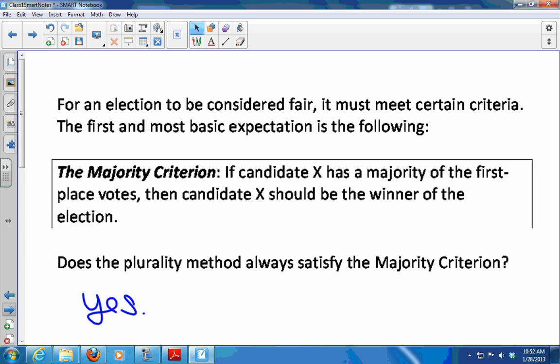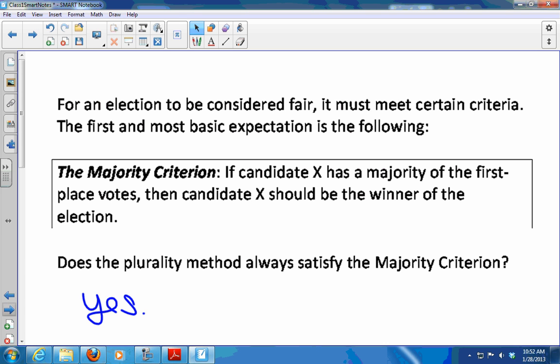Let's go through the 3 different scenarios here. Let's say a candidate has a majority, they have more than half the votes, and they win. Have we violated this rule? Nope, they got a majority and they won. That's supposed to happen. Let's say a candidate did not get a majority, they got less than half the votes, and they do not win.